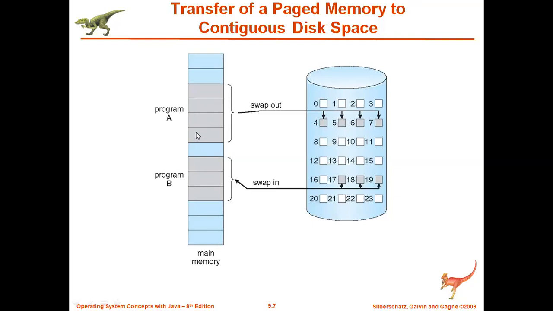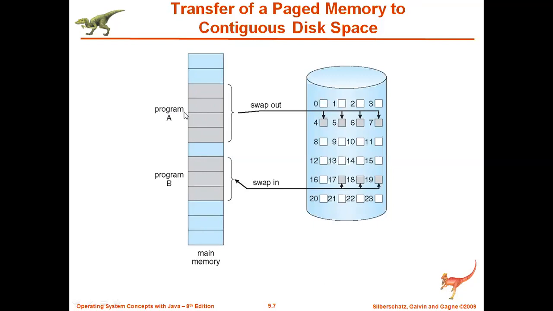First we have to create some free space in the main memory. How will we create free space? By sending out somebody who is sitting idle for a long time. Program A might have got executed, or the CPU is not requesting program A, whatever the scenario. If it is sitting idle in the main memory without being accessed by the CPU, then that program will be sent back to the secondary storage. Whom it will be sent out is decided by algorithms, which we call page replacement algorithms, and we'll see that.